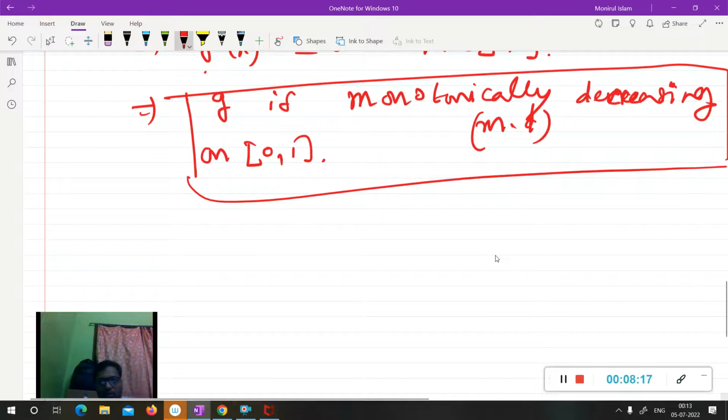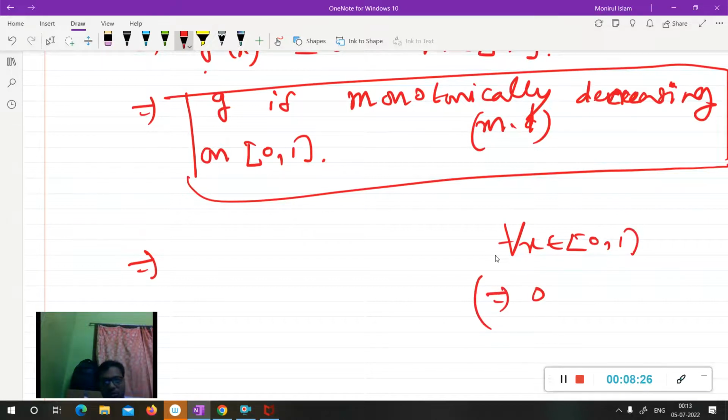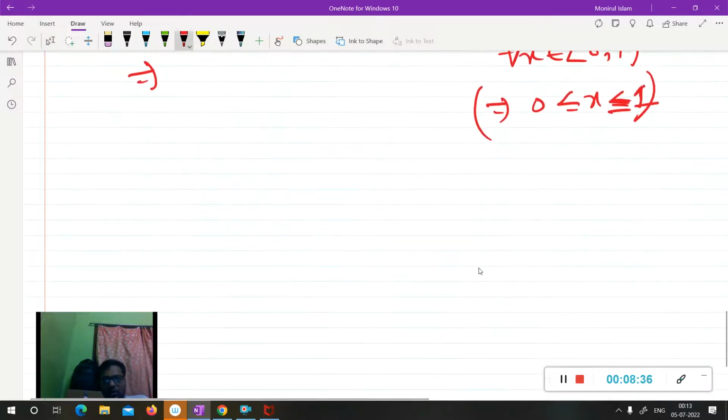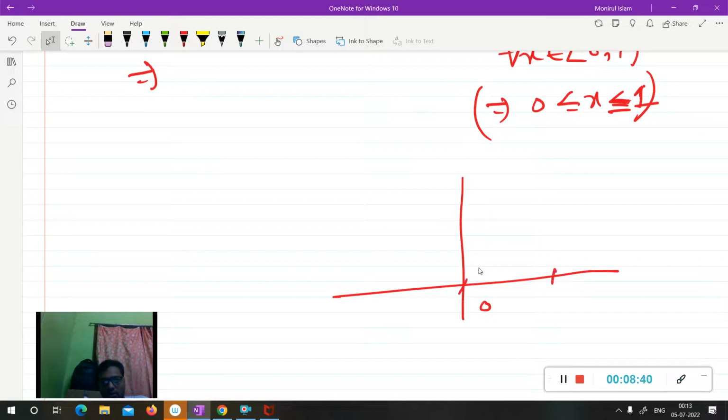So what happens then for all x belongs to closed [0,1]? That means 0 less than or equal to x less than or equal to 1. Since g is a decreasing function, suppose this is the graph of g.